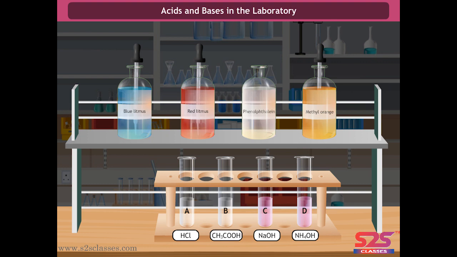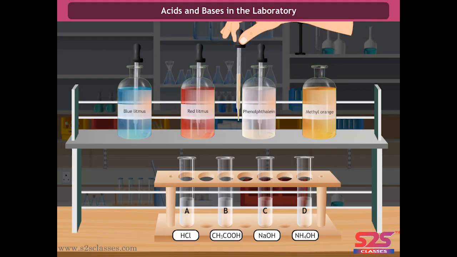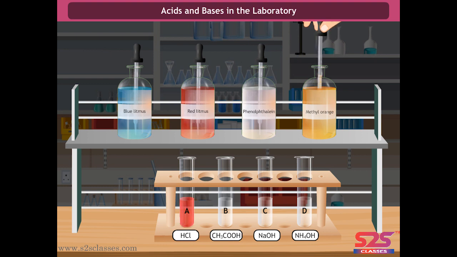You will observe that the test tubes A and B do not give a positive test with phenolphthalein, but the test tubes C and D give pink color with phenolphthalein. Add 2 to 3 drops methyl orange in each test tube. Now observe it.